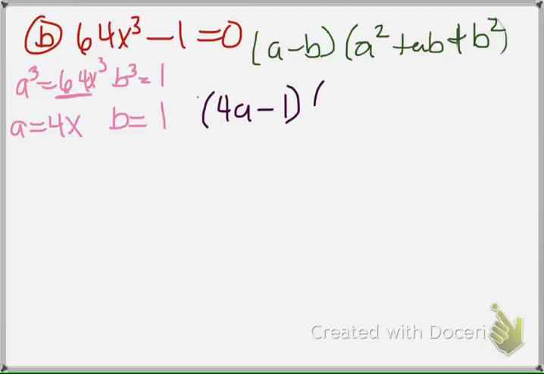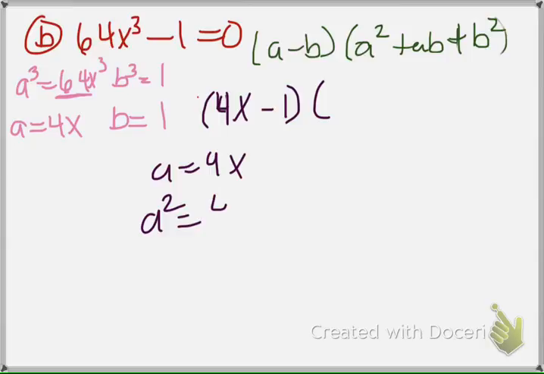And then it says A squared. Well, if A is 4x, I don't know why I put an A here. It should be 4x, I'm sorry. If A is 4x, then A squared is 4x times 4x, which is 16x squared. So please be careful. So this here becomes 16x squared.